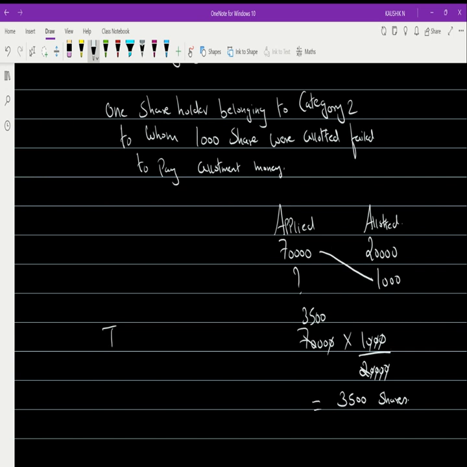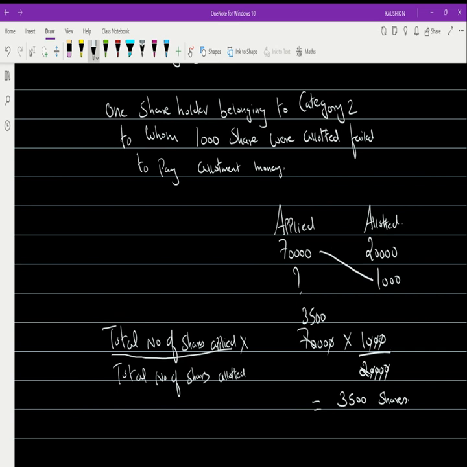So now the formula is total number of shares applied divided by, okay, what is the base one? Total number of shares allotted. Total number of shares allotted into this 1,000 referring to whom?